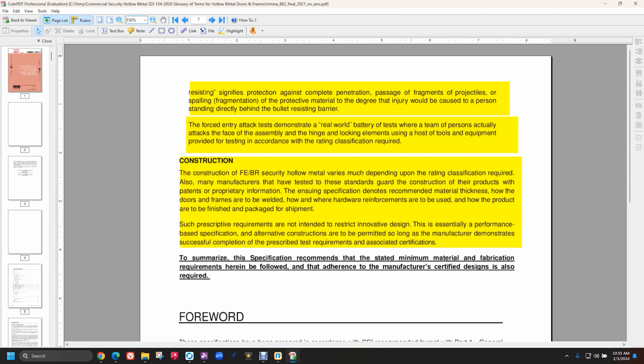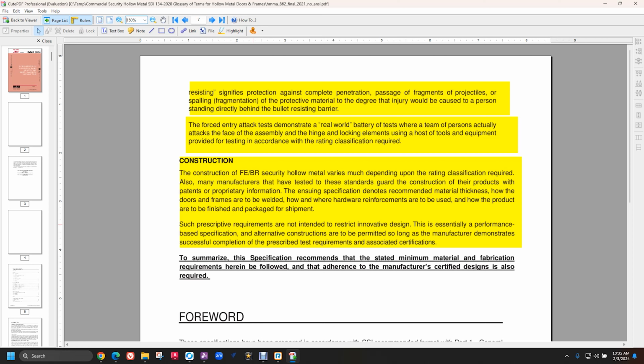That's pretty important. The standard is saying, here's how thick the material has to be. Here's how it has to be manufactured and assembled, or welded, as they say. How and where the hardware reinforcements are to be used, and how the product is to be finished and packaged for shipment. So this standard is laying all that out.